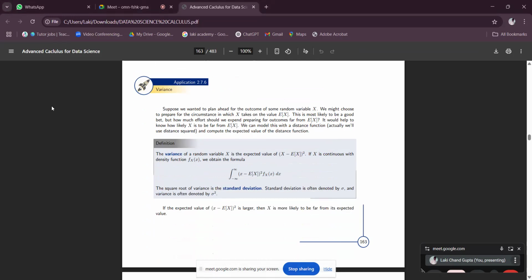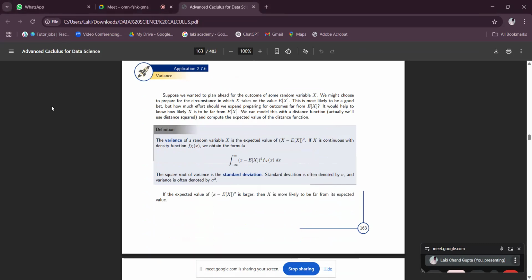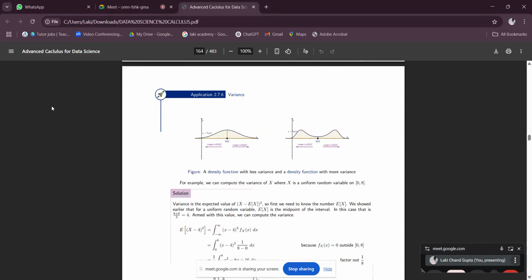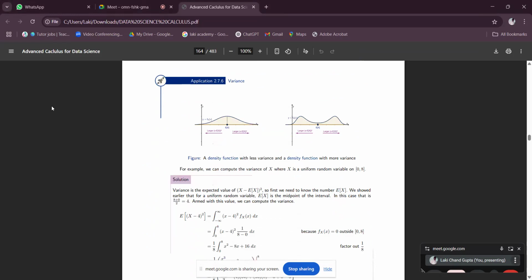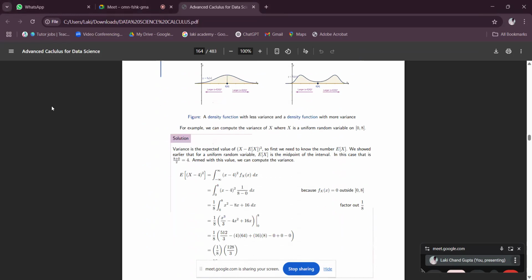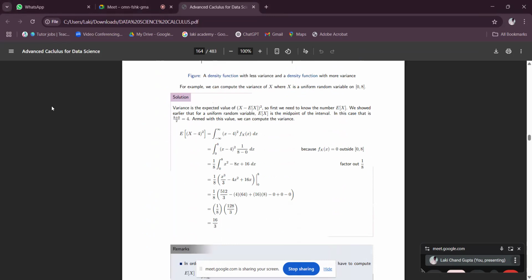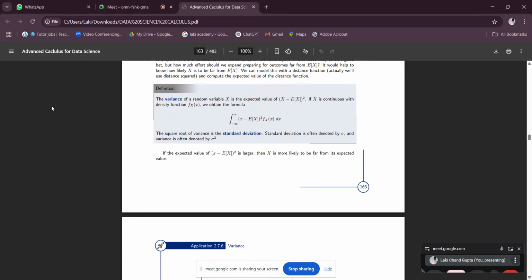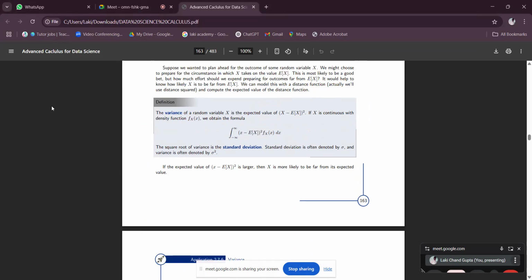Now you will learn how to find variance. This is very, very important.